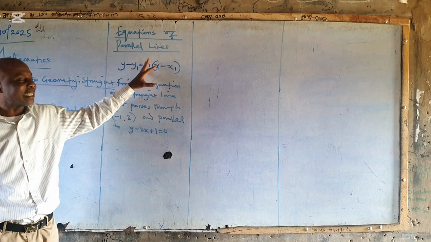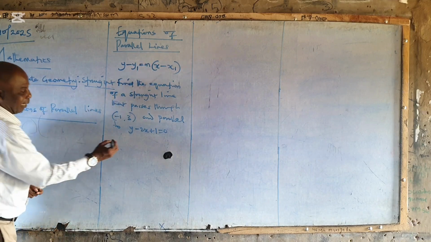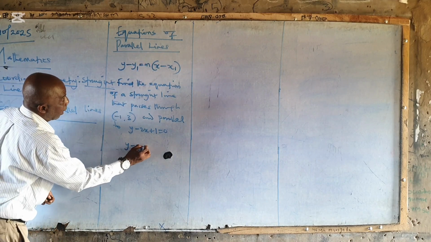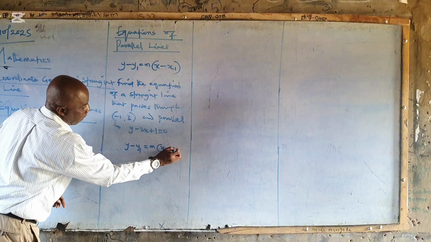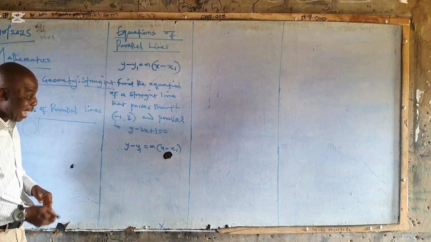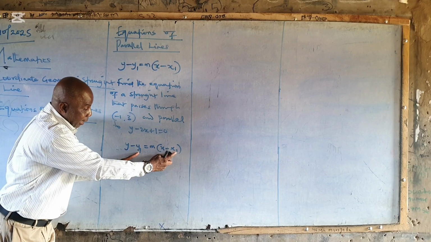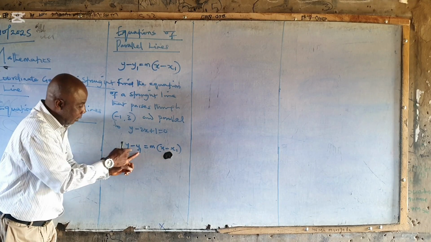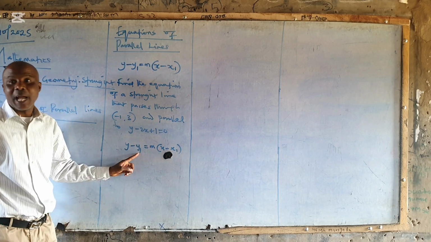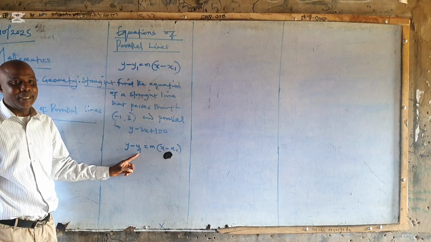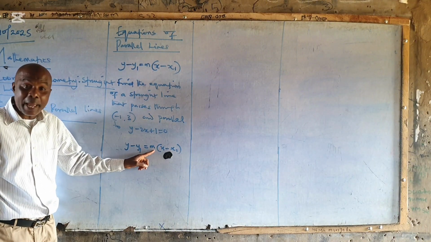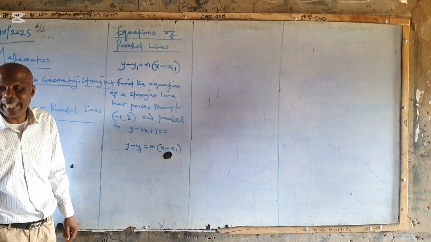Now, when you look at the equation of a straight line, which is y minus y1 equals m into x minus x1, you realize that the only provisions made here are x1, y1. The other y and x are the variables in the equation, and m stands for gradient.